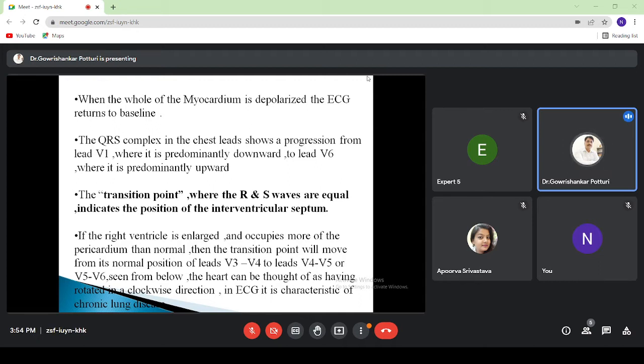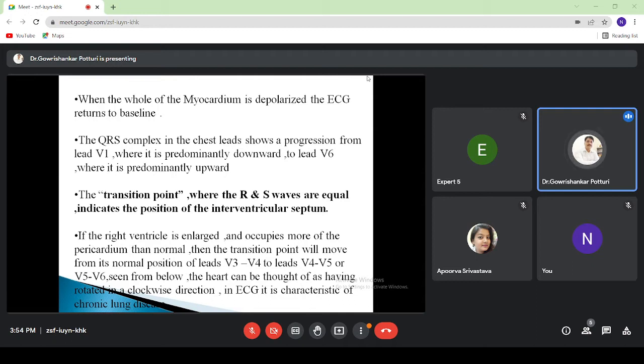Again, I am repeating, please understand. When the depolarization wave travels from V1 to V6 in chest leads, there is a transition from V1 to V6. At V1, the R wave will be very small, S wave will be very big. Then when it comes to V2, R wave size slowly increases, S wave size slowly decreases. Like that, slowly R wave will be increasing in size and S wave will be decreasing in size.